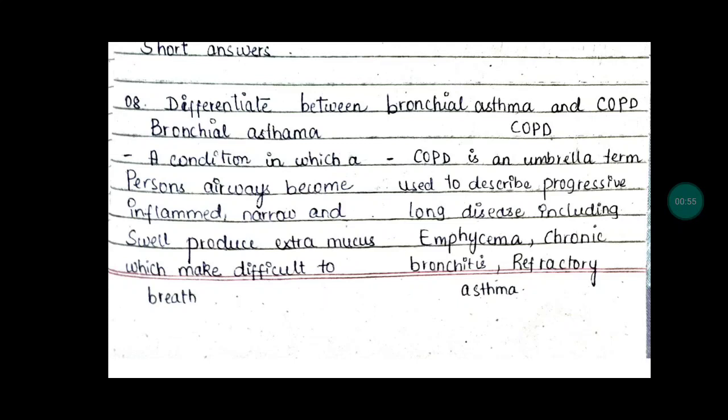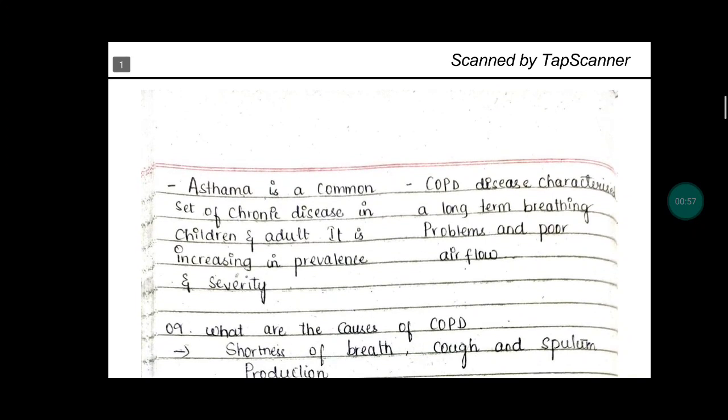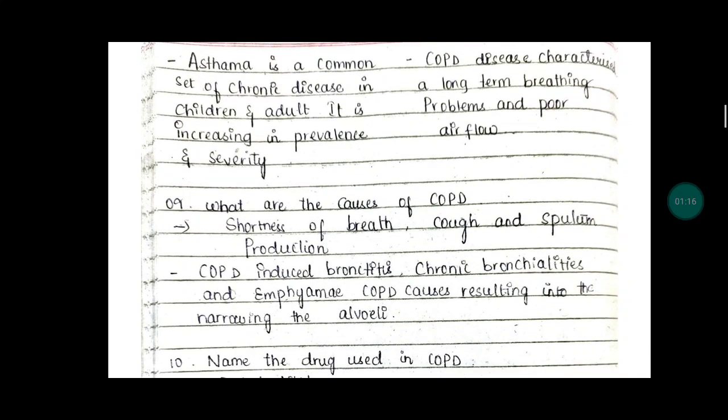Asthma is a common chronic disease in children as well as in adults. Its prevalence, frequency and severity are increasing, whereas COPD is a disease characterized by long-term breathing problems and poor airflow.